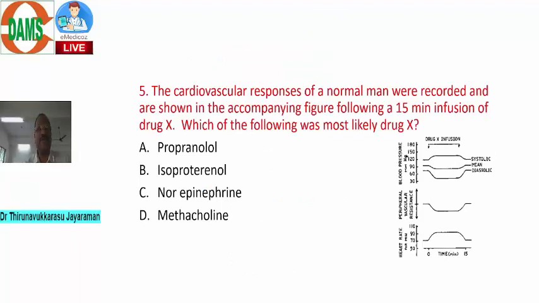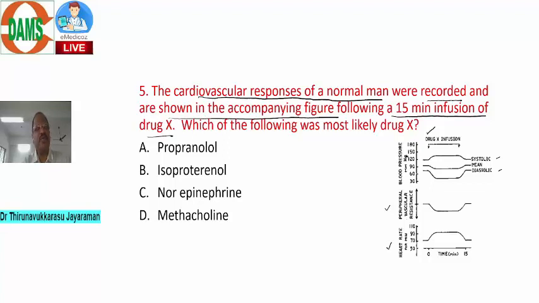Interesting question. Image-based question. Look here. The cardiovascular response of a normal man was recorded and is shown in the figure, during a 15 minutes infusion of drug X. Following drug X, what happened to systolic BP, diastolic BP, peripheral resistance, and heart rate is given in the picture.